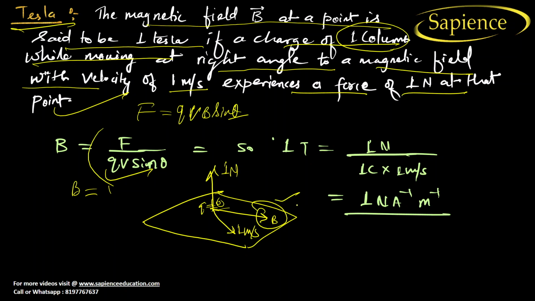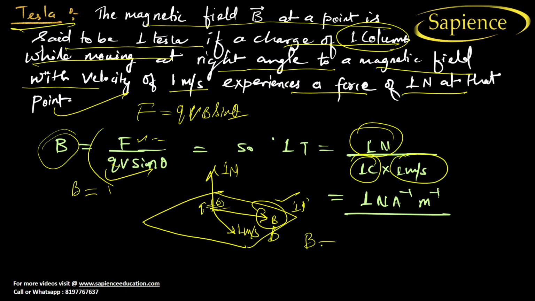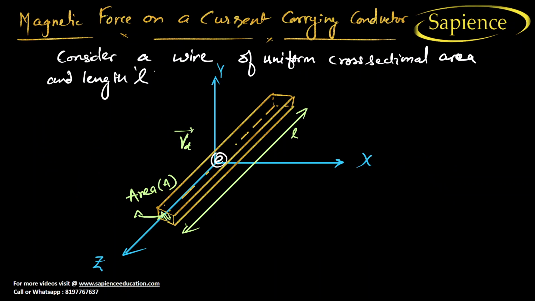Then the field is known as 1 Tesla. So 1 Tesla is the magnetic field in which the force will become 1 Newton when the charge is 1 coulomb and the speed is 1 meter per second. I hope you have understood this.